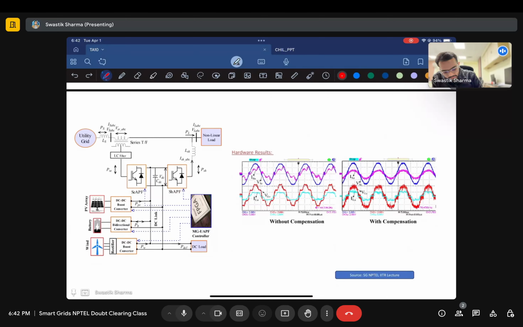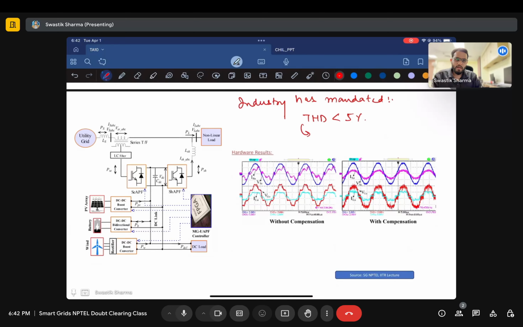Why do you want this compensation? It is because industry has set a standard. The industry has mandated that the THD of whatever you're proposing should be less than 5%. What is THD?